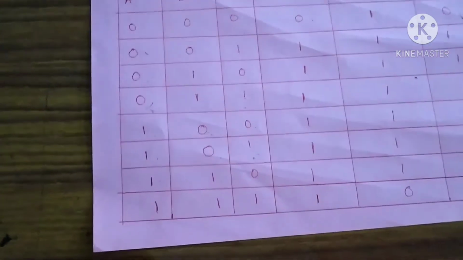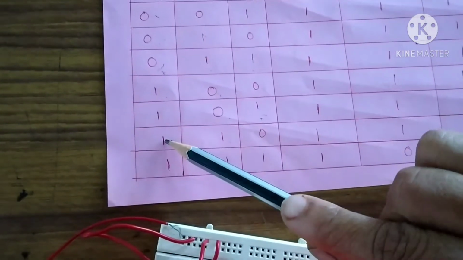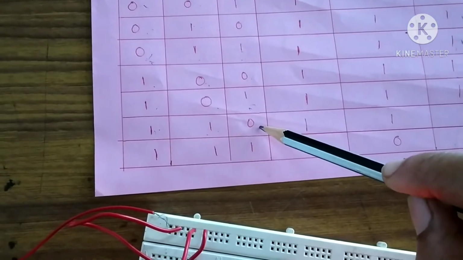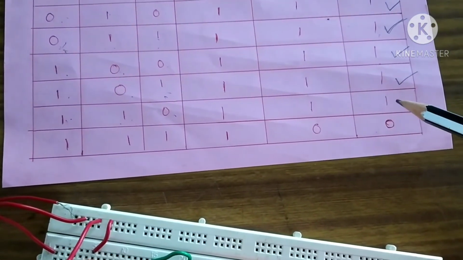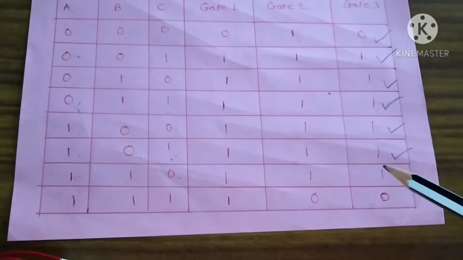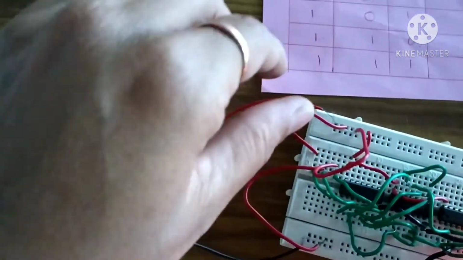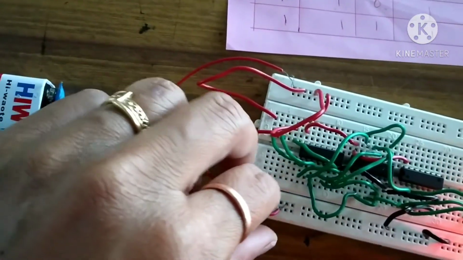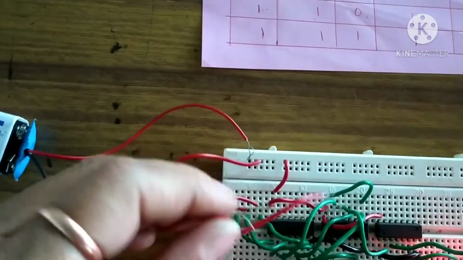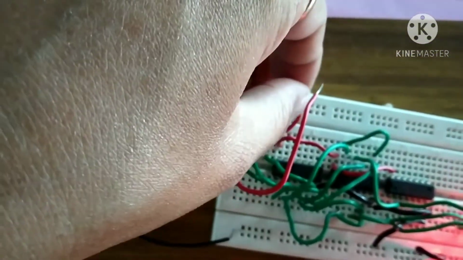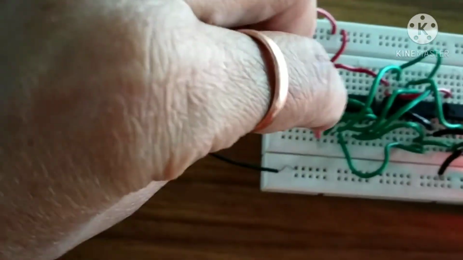Now next condition, A is 1, B is 1 and C is 0. For this condition my outputs once again should be 1 1 1. That means all gate outputs should be glowing. To make this combination, A is as it is 1, then B I have to connect to 1 and C I have to connect to the ground.